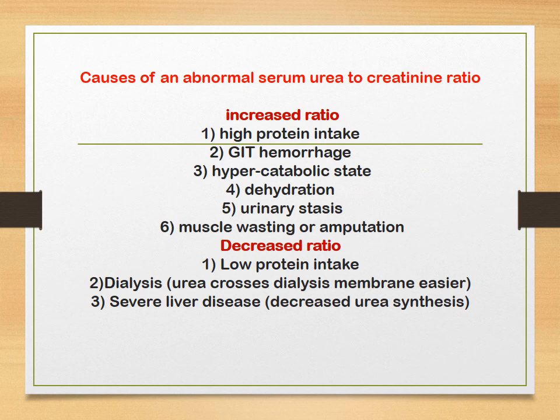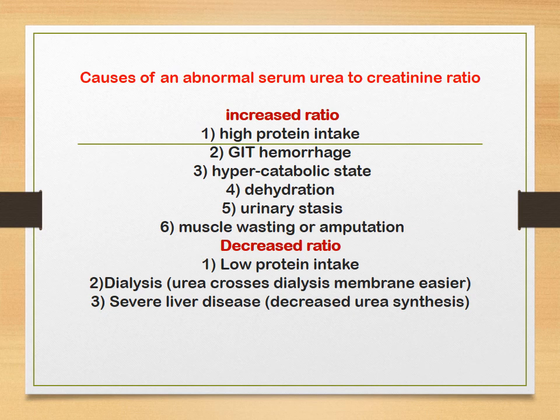This is the cause of abnormal urea creatinine ratio due to mainly extra-renal conditions. For example, high protein intake, high protein reabsorption after GIT hemorrhage, high protein catabolism due to tumor chemotherapy, dehydration, muscle wasting.